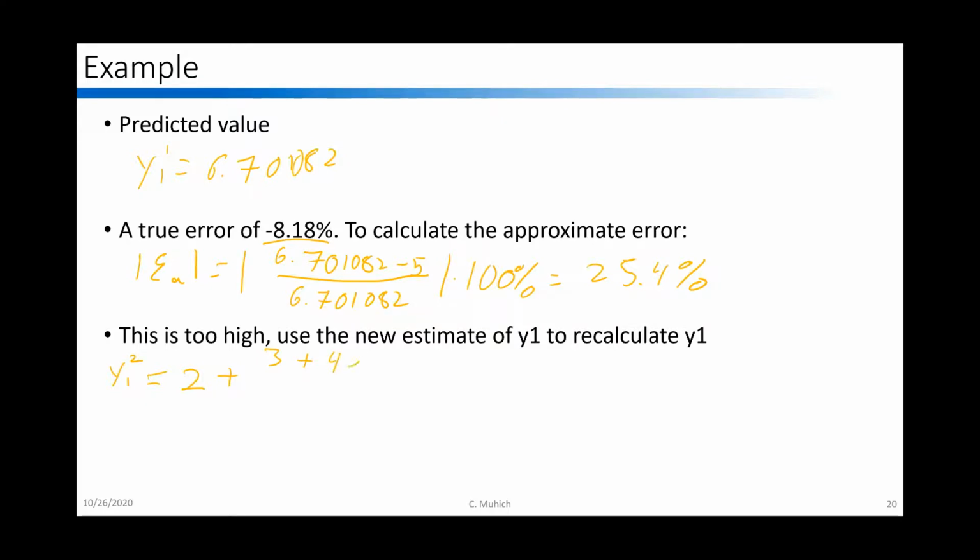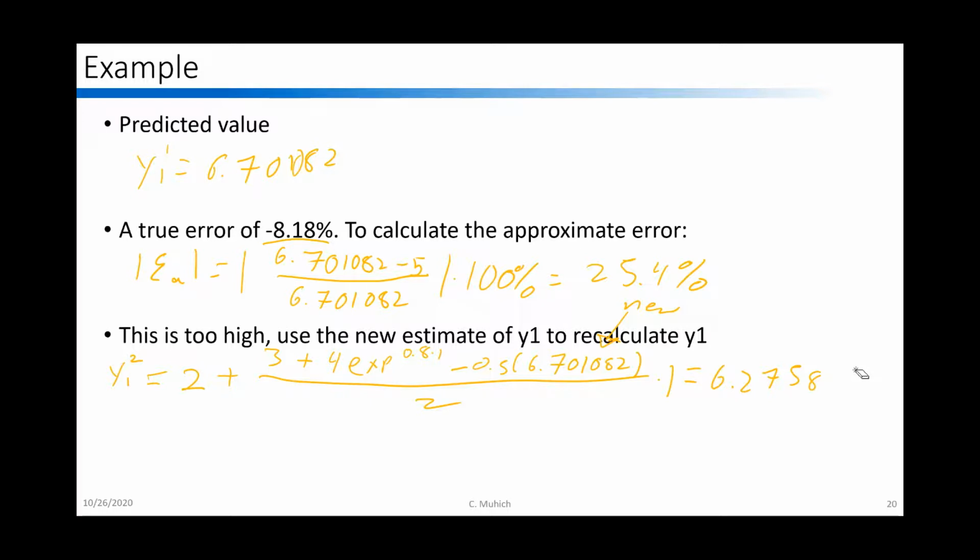So that's 4e to the 0.8 times 1 minus 0.5 times 6.701082. Remember, this is that new predicted value, all over 2 times 1. And now we're going to get an answer of 6.275811.